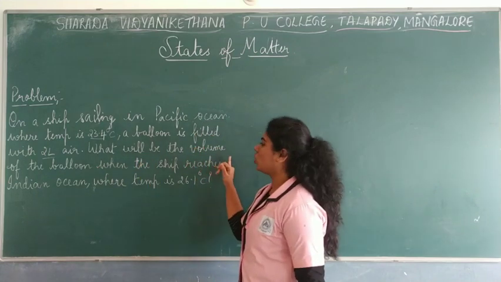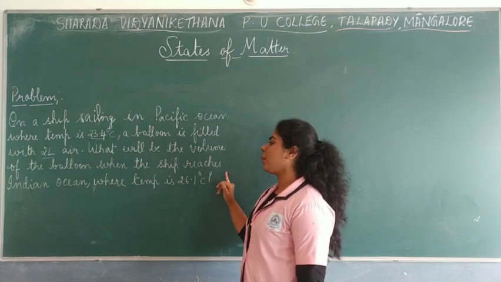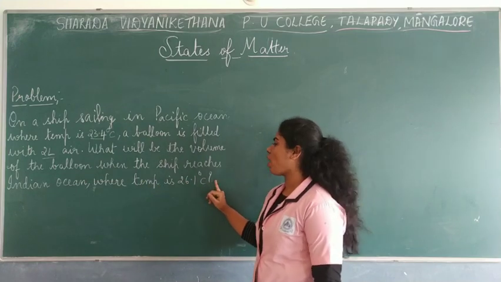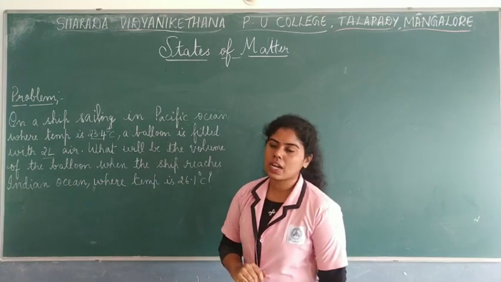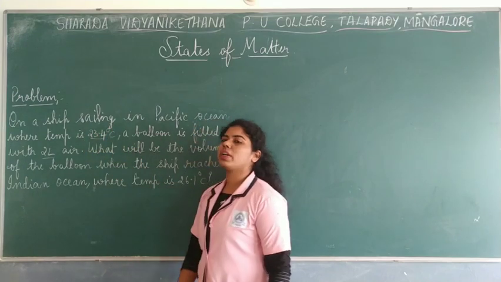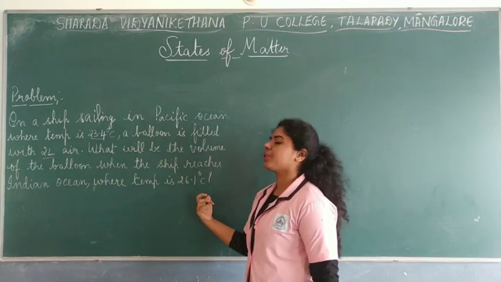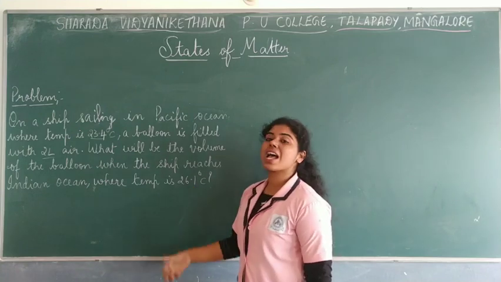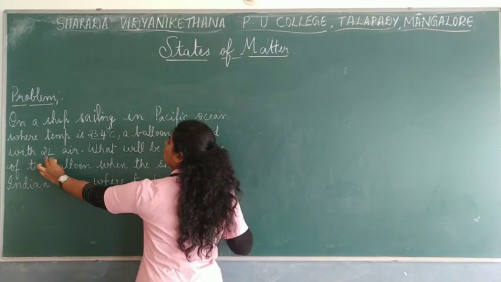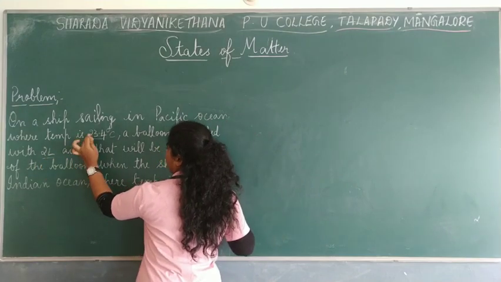What will be the volume of the balloon when the ship reaches the Indian Ocean where the temperature is 26.1 degrees Celsius? Right? So the temperature is being changed from 23.4 degrees Celsius, that is from the Pacific Ocean, to the Indian Ocean, which will remain as 26.1 degrees Celsius. The volume of the balloon was 2 liter at this particular temperature.